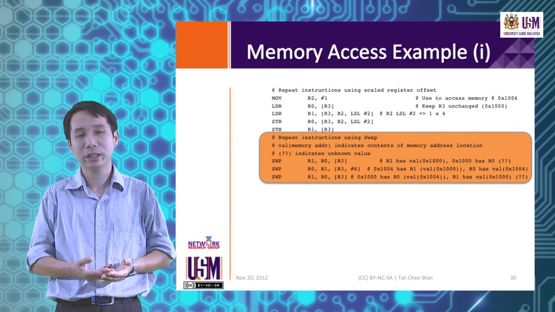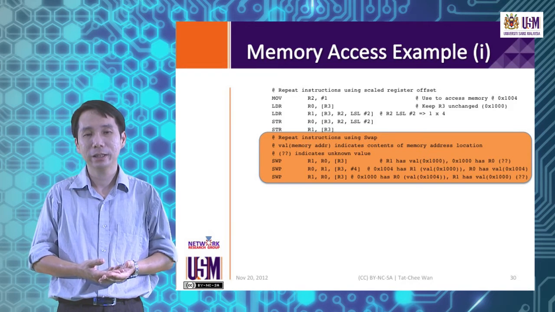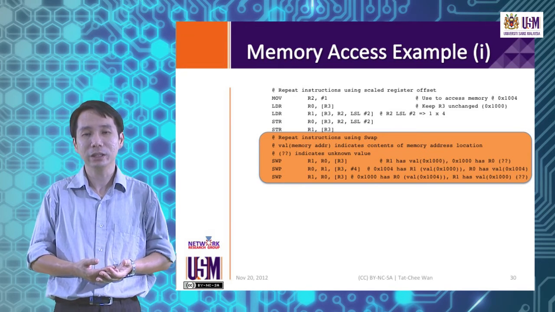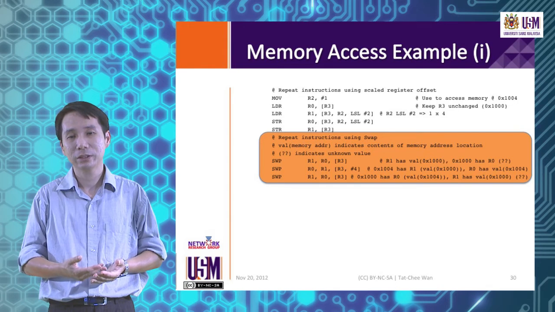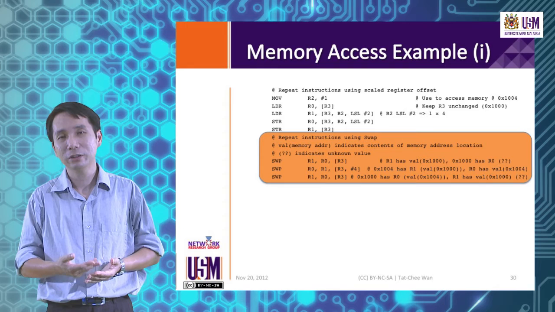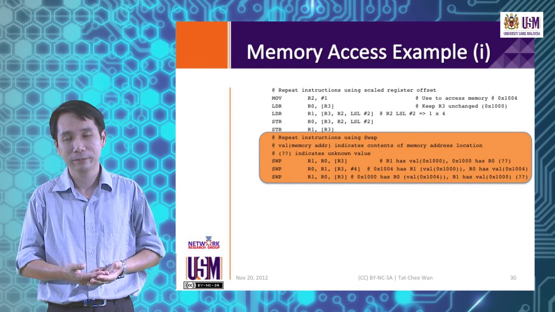The next instruction, SWP R0, R1, [R3, #4], now accesses the address location 1004 hex and loads that into R0. And then the contents of R1 is now stored into address location 1004 hex, which was originally from address location 1000 hex.